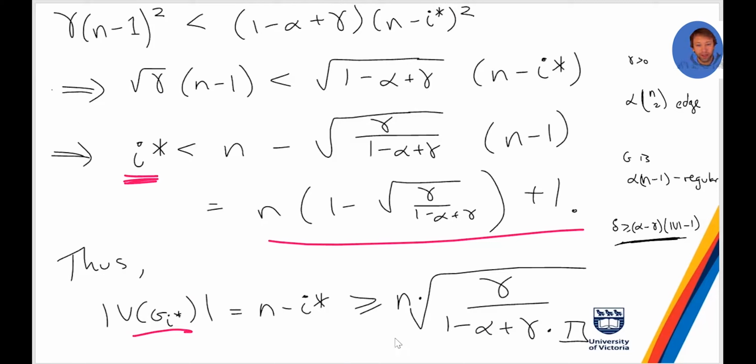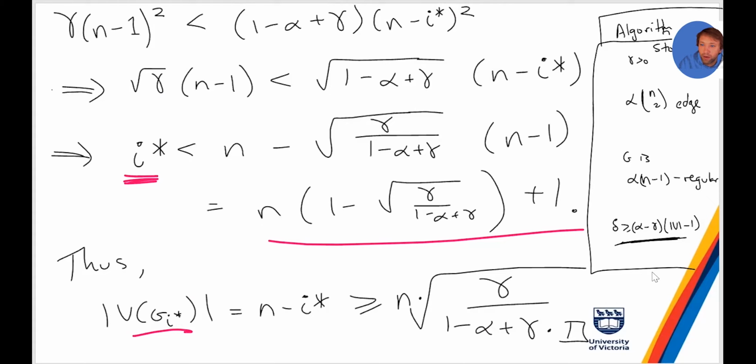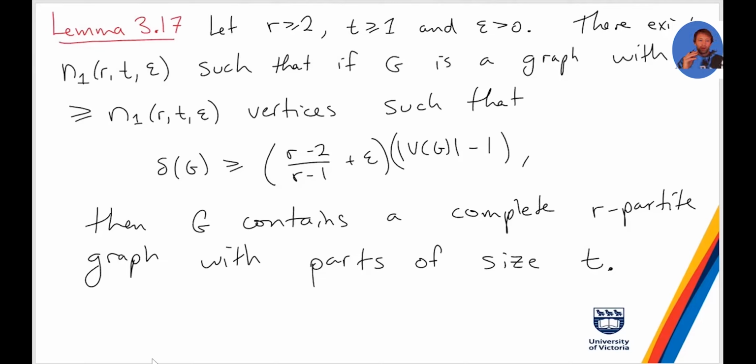But this just guarantees that at some point it'll be satisfied, and when it's satisfied, you haven't deleted too many vertices. But that's a good question. So yes, the algorithm may stop earlier. Any other questions? Okay.